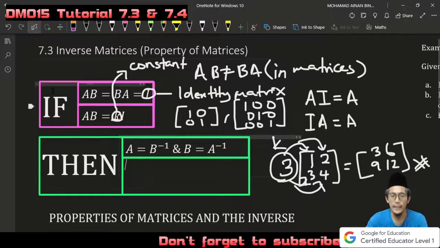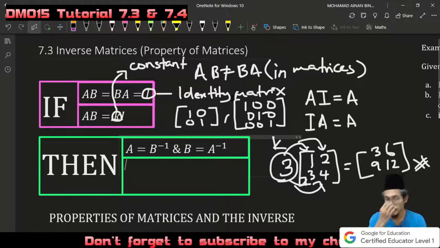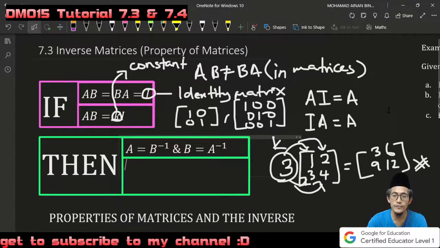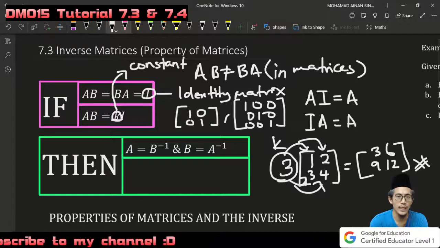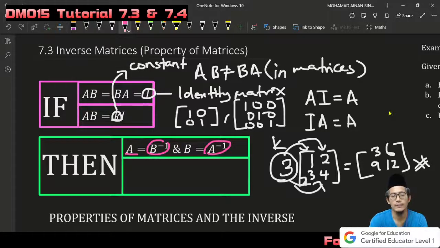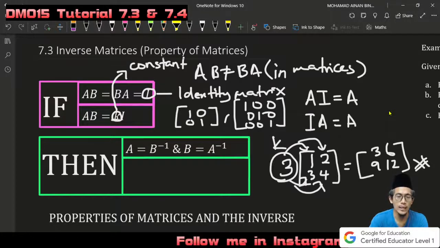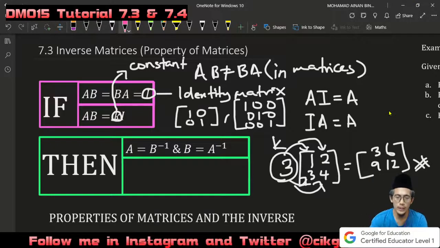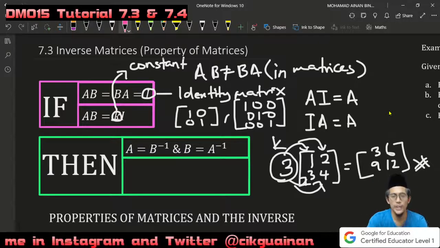Kalau A multiply B, B multiply A equals identity, then A is the inverse of B. Itu dia kata tadi A adalah inverse of B and B adalah inverse of A. Itu dia punya if dengan then dia. Tak perlu salin sebab nanti saya share video nanti kamu boleh screenshot kemudian.